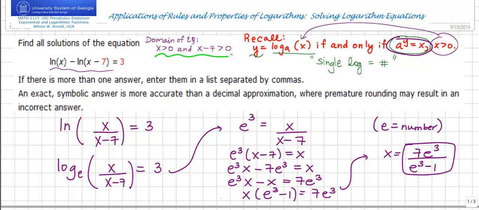And when I look at 7e cubed divided by e cubed minus 1, e cubed minus 1 is slightly less than e cubed, so when we divide that into 7e cubed, we have something slightly bigger than 7, so both of these check. Now don't guess. Please don't guess. Use your calculator.